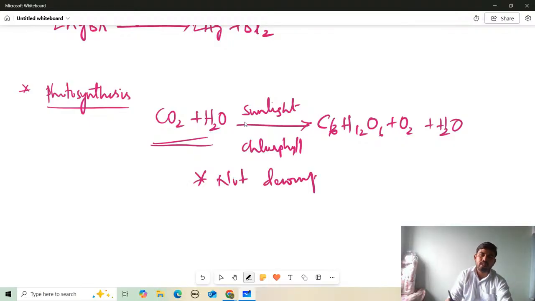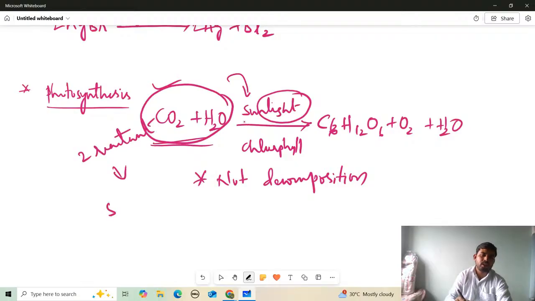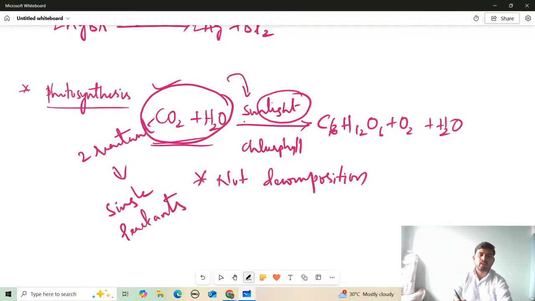Why is it not decomposition? See here, this reaction may take place in the presence of light energy, but how many reactants are there? Two reactants are there. What is the condition of decomposition? There must be a single reactant. That's why this is not a decomposition reaction.